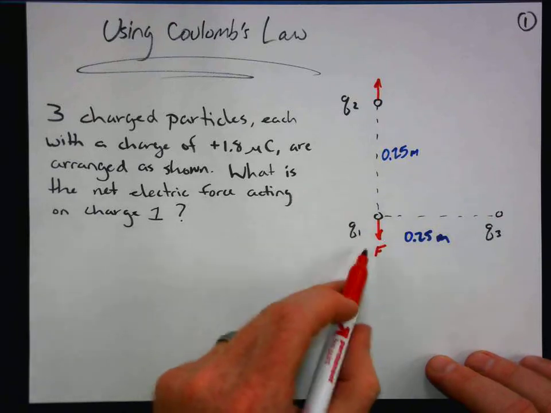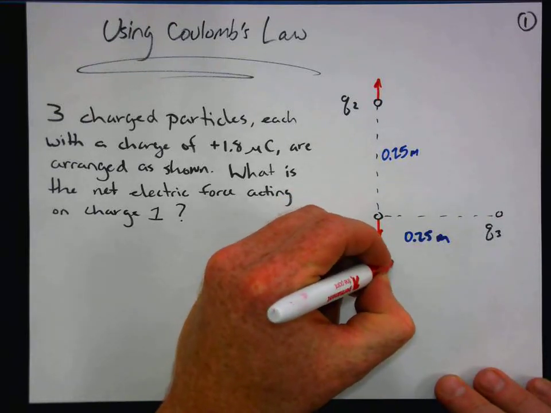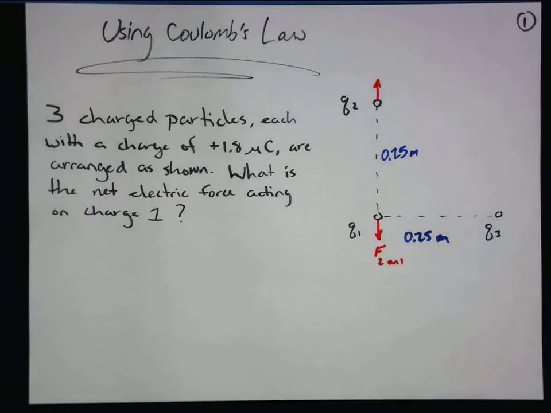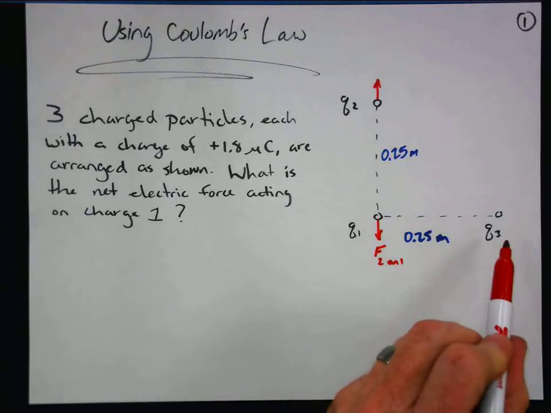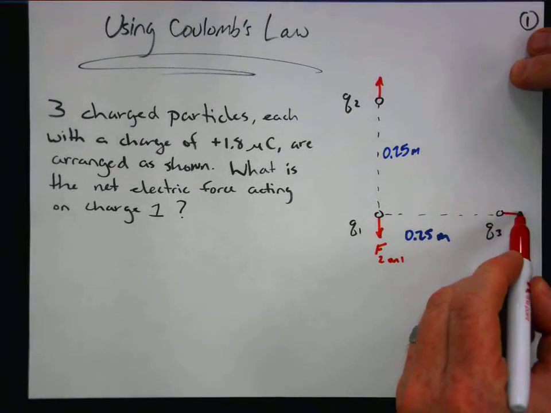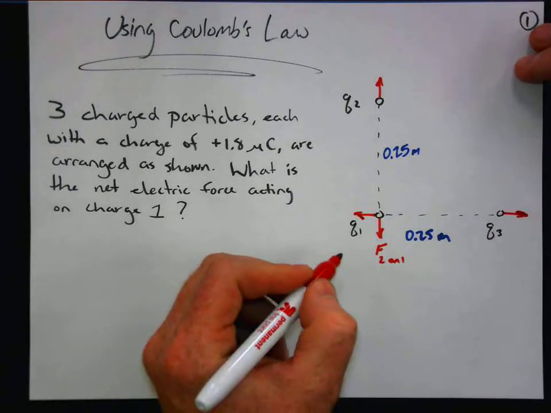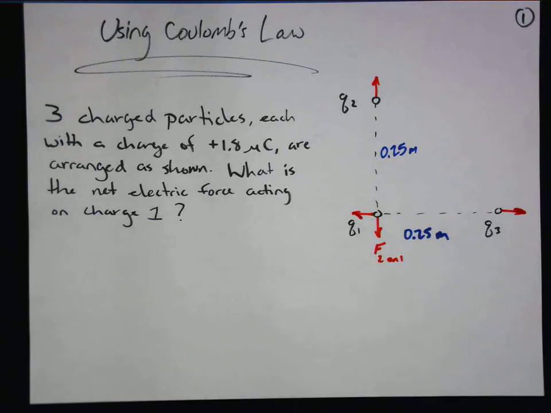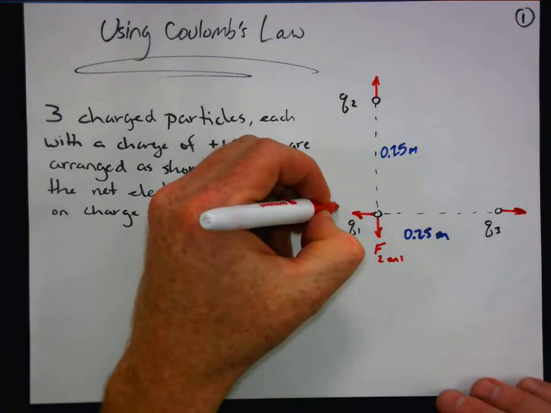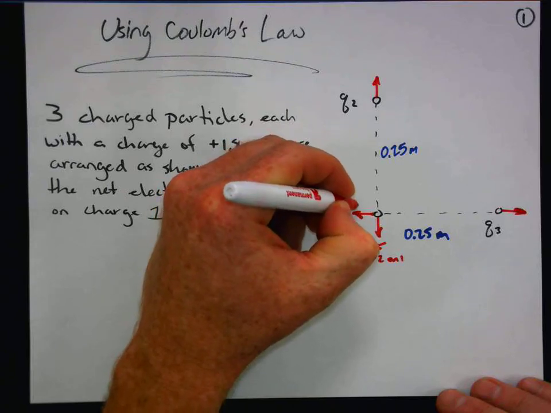We're concerned with charge number 1. Also, we know, comparing charge 1 and charge 3, they also are like charges. They will repel. And again, we're only concerned with charge number 1 in this problem. So this force acting on charge number 1 is the force of 3 acting on 1.